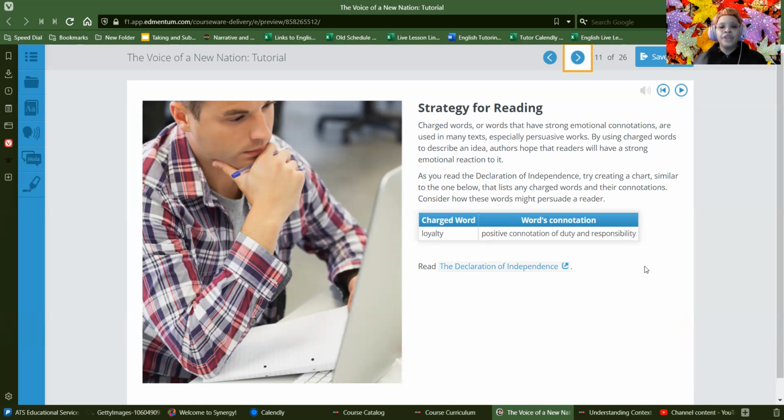What do people think of when they hear the word loyalty? Not necessarily what the definition is. Sometimes the definition is close to the emotional connection people have to the word, but it isn't always. And that's why they're suggesting doing a table. So they want you to do this so that you can make a note of which words inspire strong emotions and might have persuaded people who read this at the time.